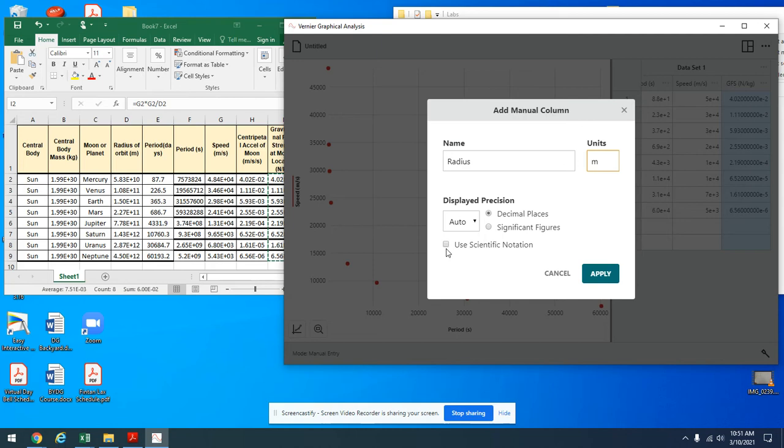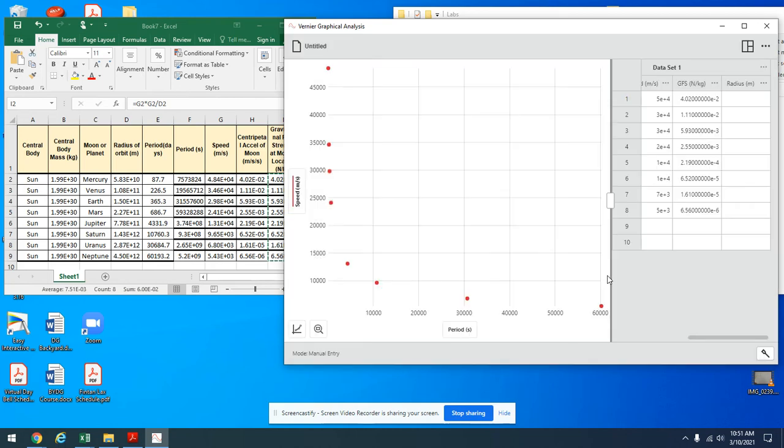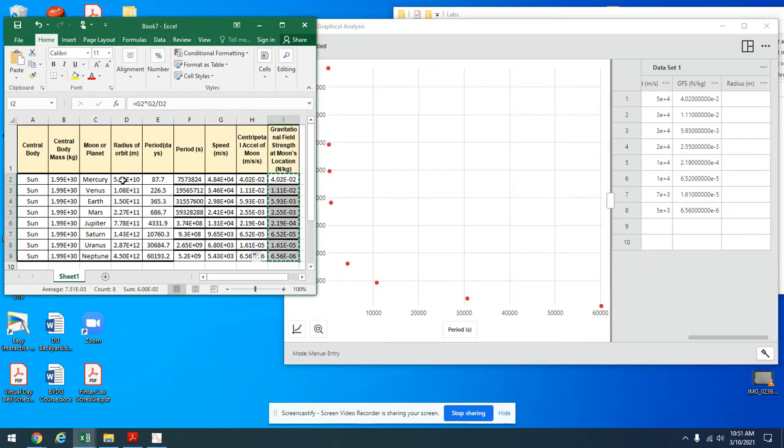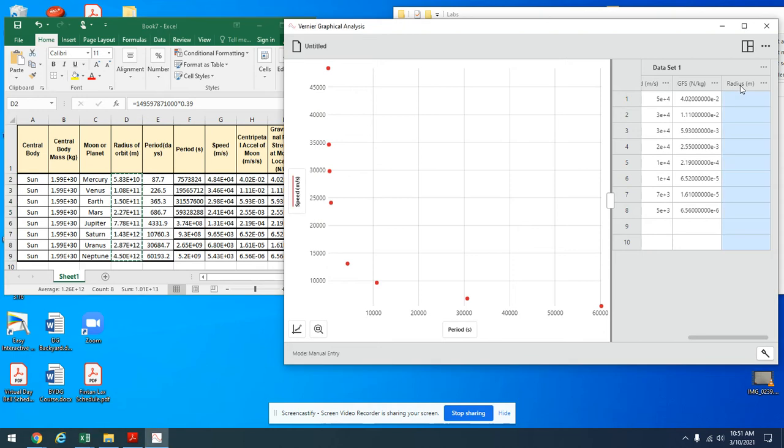Orbit. And that's here. All right, that looks good.